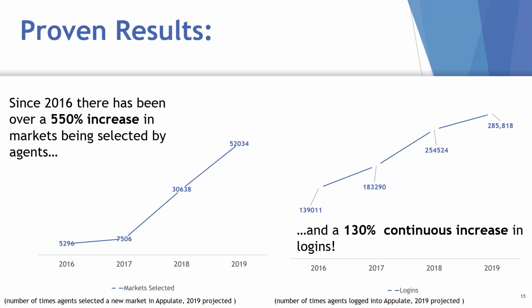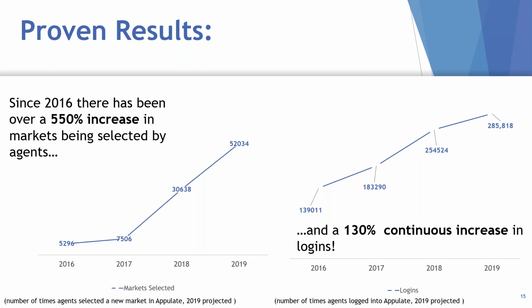So, I mentioned we put a lot of resources into outreach. That's a huge part of what we do. We want to make sure that we're really engaging with these agents, and because of that, we've seen a huge increase. In about 2016, I spearheaded an effort to get more information out to our agents and increase our marketing efforts in conjunction with our partners. Since then, we've seen a huge increase.